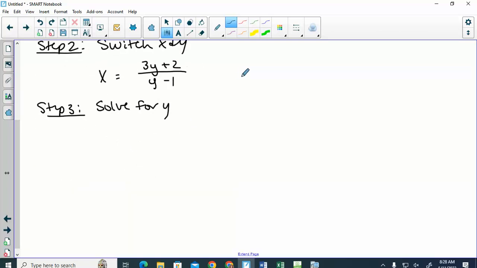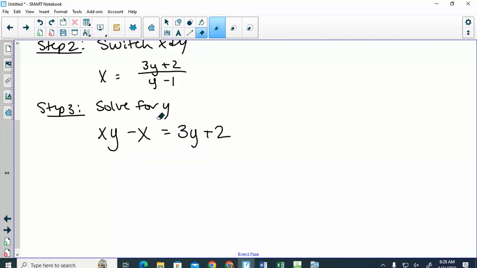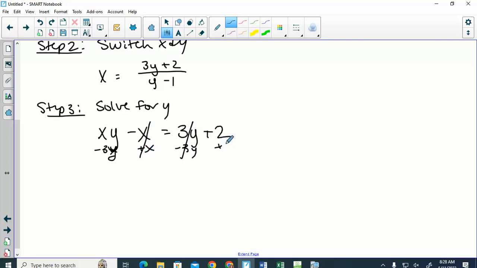So I could multiply over the y minus 1. You get xy minus x. Okay, I need everything with the y on one side, so I could subtract over my 3y, and everything without it on the other, so then I could add this x. We get xy minus 3y equals 2 plus x.